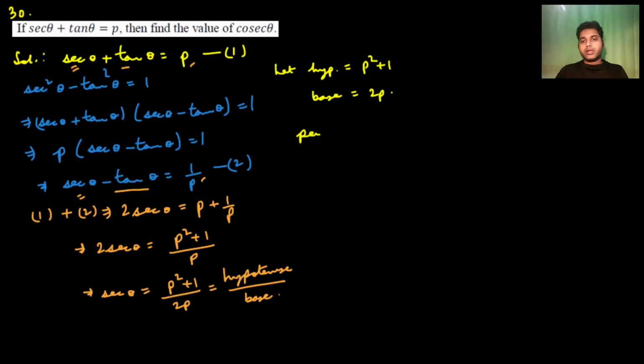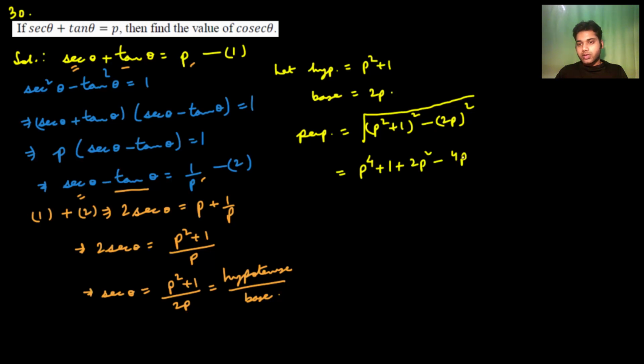So what will the perpendicular be? It will be the square root of hypotenuse square minus base square. This will be the square root of p to the power 4 plus 1 plus 2p square minus 4p square, equal to the square root of p to the power 4 plus 1 minus 2p square.